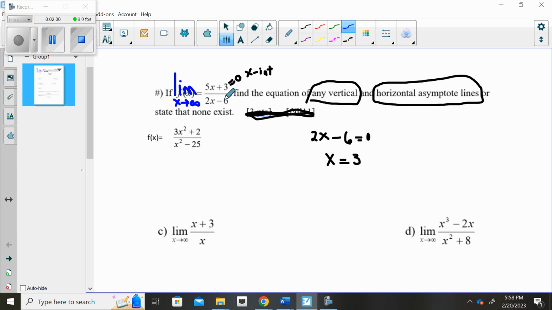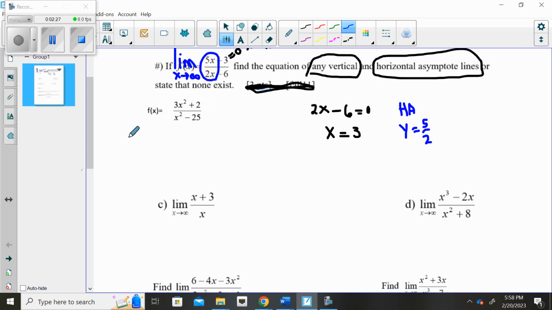I don't care about $3 or $6. I look right here and I see that this limit is 5/2. So if the limit is 5/2, then this first function has a horizontal asymptote line at y equals 5/2. Okay, so pause the video and try the next one.